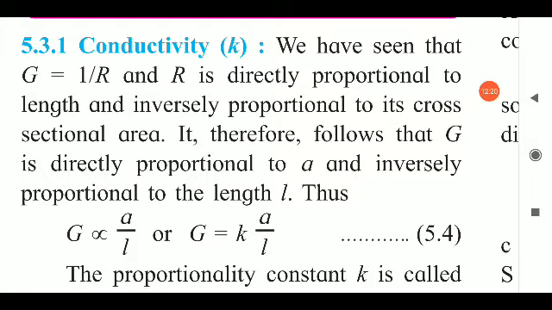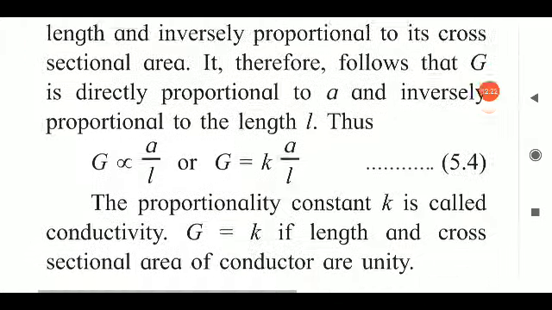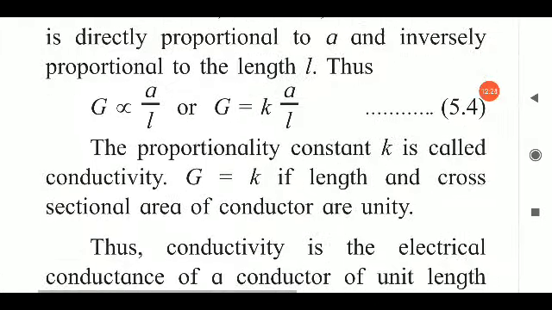Or you can also write that equation by taking the equal to sign in place of the proportionality sign. We are using the proportionality constant K here, and that proportionality constant we call conductivity.